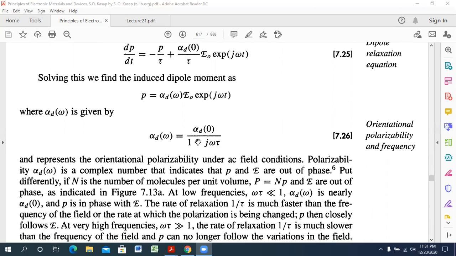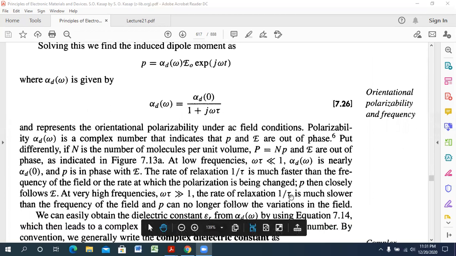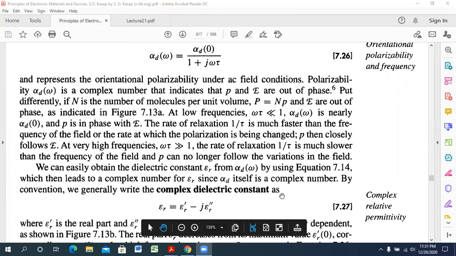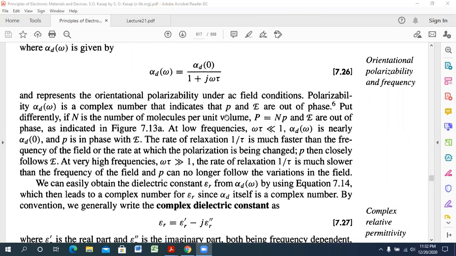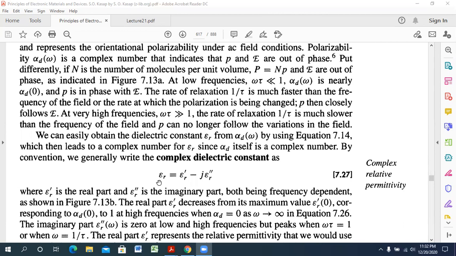Or if omega tau is in higher terms, greater than 1, then this 1 by tau is a complex term, a complex quantity. So finally we can conclude one thing about the dielectric constant. For the AC signal, this dielectric constant epsilon r should have two terms: one is the positive term, epsilon r minus j epsilon r double prime.